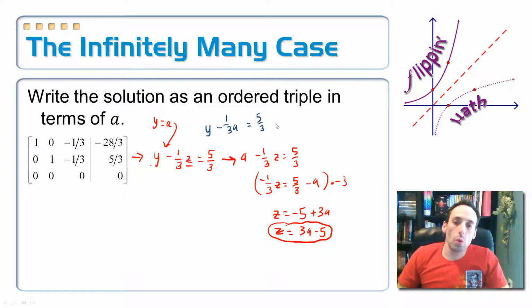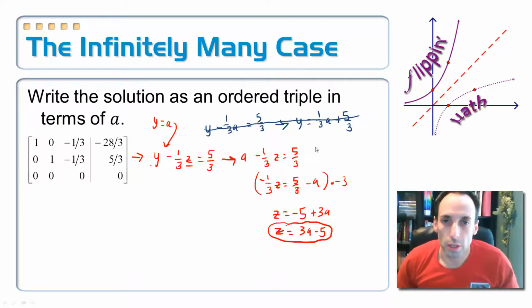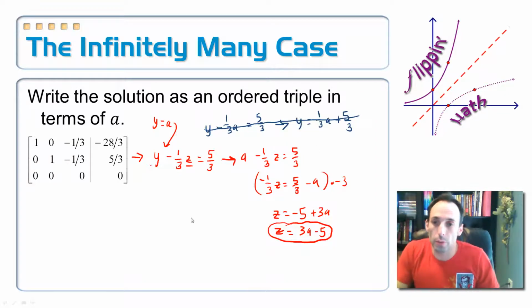You just add the 1/3 a over, and you have y is equal to 1/3 a plus 5/3. And you have fractions in that one. Not that it's bad, but look at the bottom one we got before. It's going to be far easier to substitute in order to find what x is. So keep that in mind whenever you go to do your substitution. One of them might be easier than the other one.